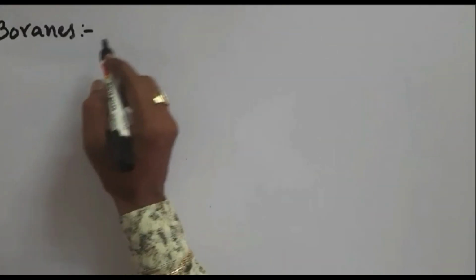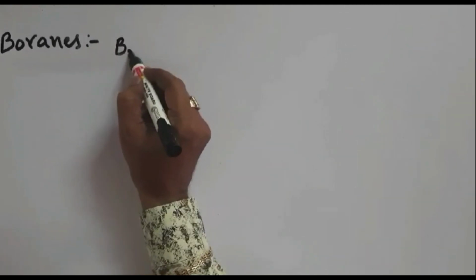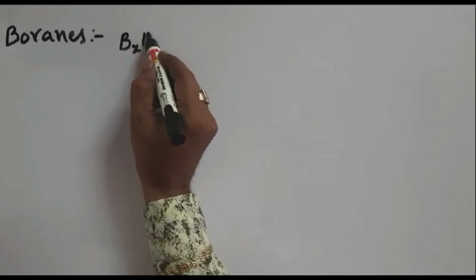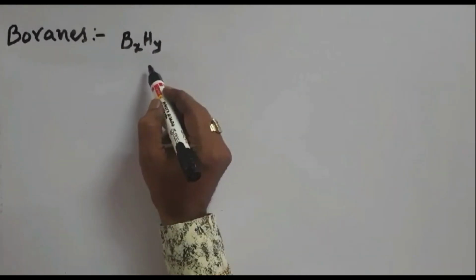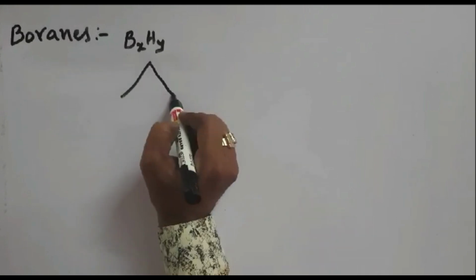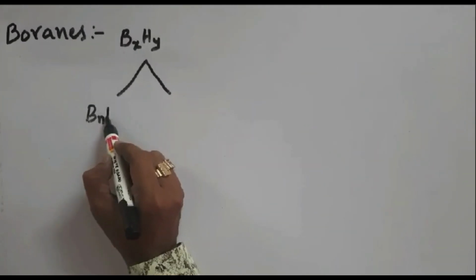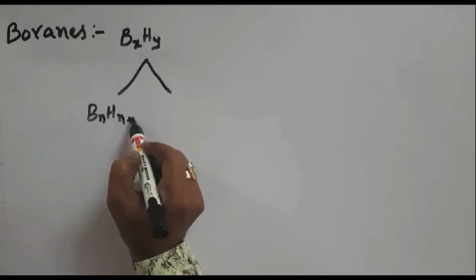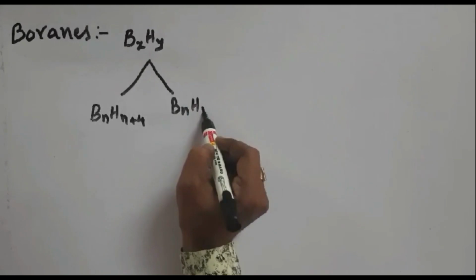As I told you, boranes are binary compounds of boron and hydrogen alone. So the general formula of boranes can be BxHy. Boranes are basically classified into two types. First type is BnHn+4, the other one is BnHn+6.